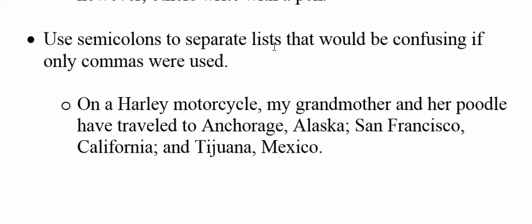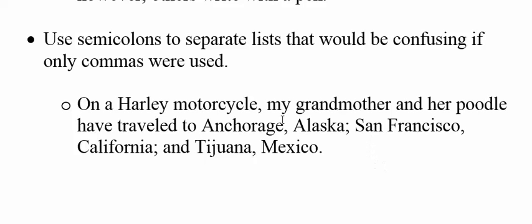Use semicolons to separate lists that would be confusing if only commas were used. If this sentence contained only commas, it would be a little bit more difficult to read. On a Harley motorcycle, my grandmother and her poodle have traveled to Anchorage, Alaska; San Francisco, California; and Tijuana, Mexico.